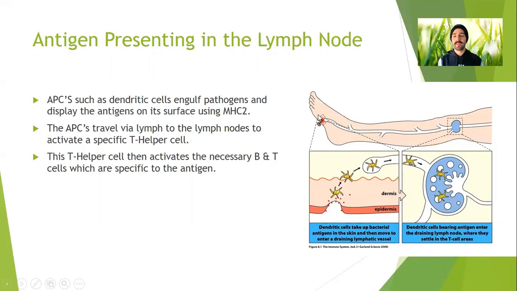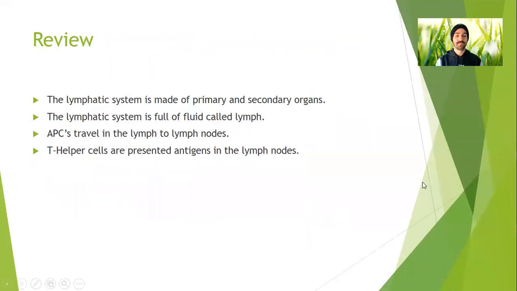It travels through the lymph fluid to the nearest lymph node. Here it presents to the T helper cells, and the T helper cells then go and activate the necessary cells required to fight off that particular pathogen. So the lymph nodes are where those antigen presenting cells will travel to present those antigens.